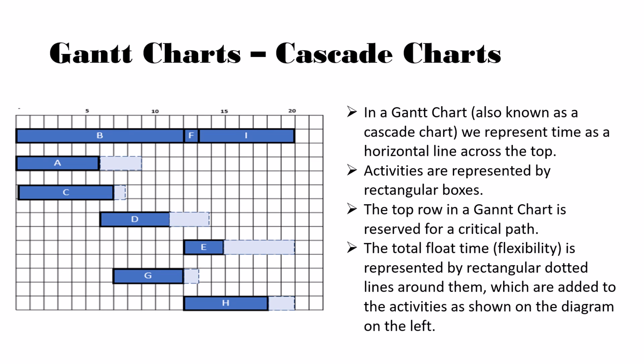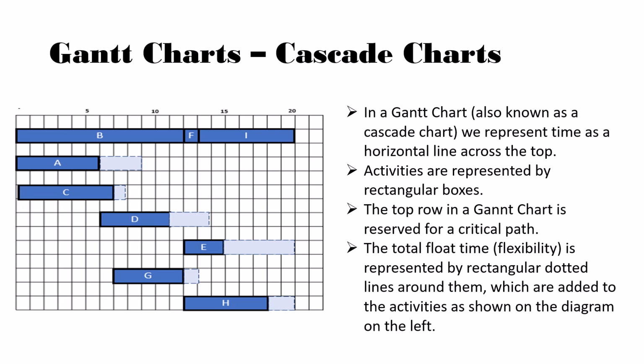If we look at activity A here, activity A could slide all the way to here without any delay. C could slide to there, D could slide to there, and E could slide to there, and so on. And when I say delay, I mean delay in the overall time for the project, so it won't delay the critical path.